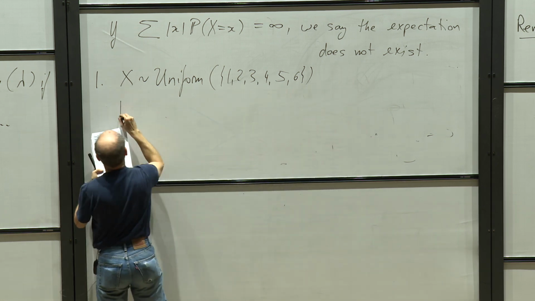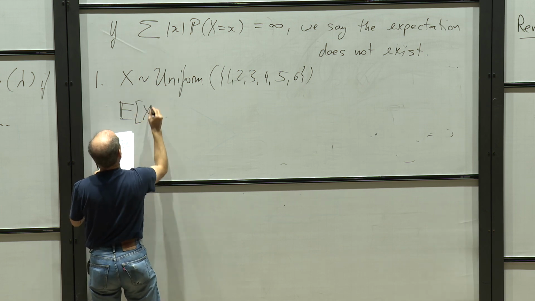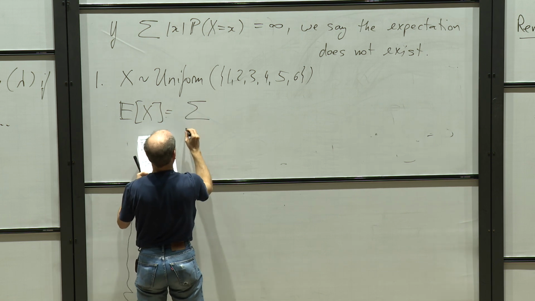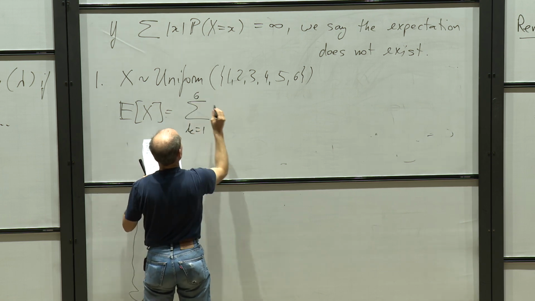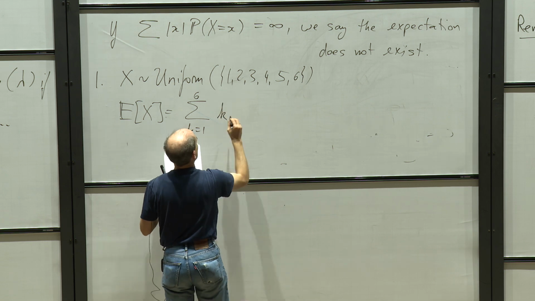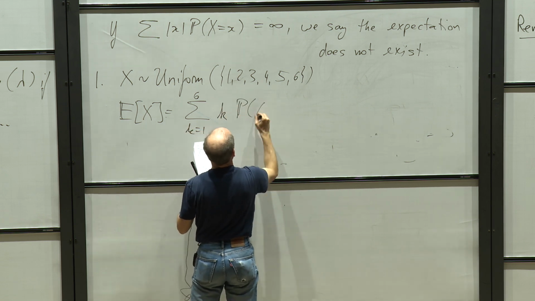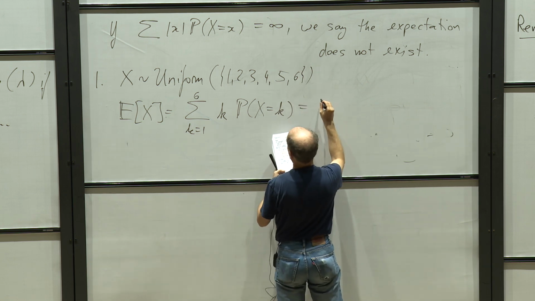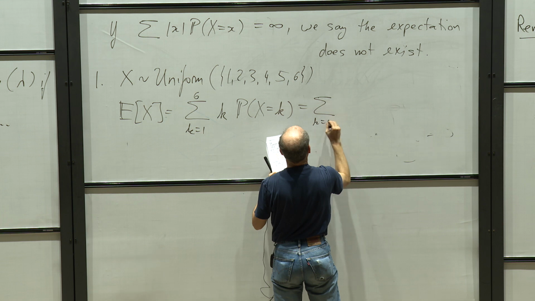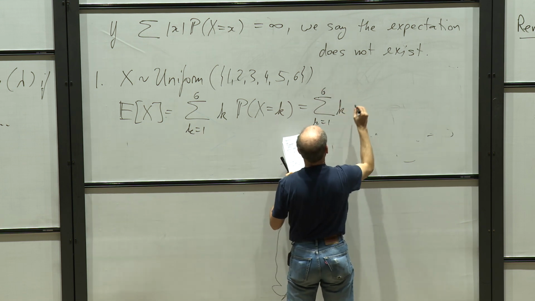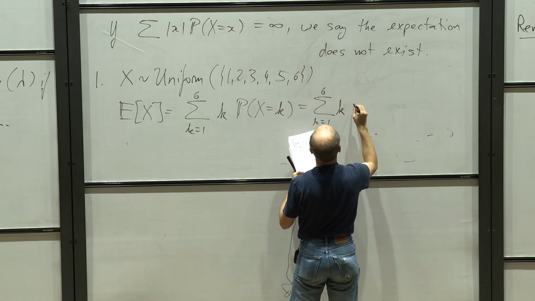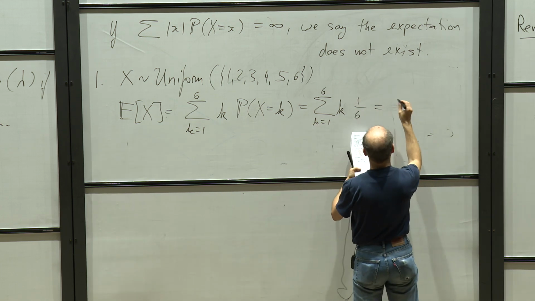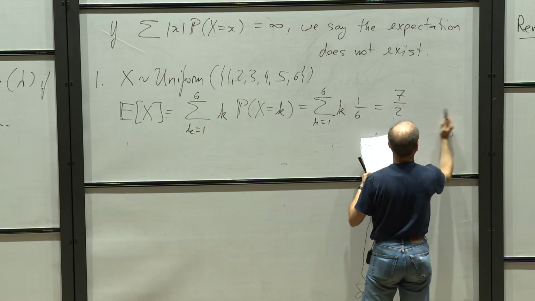Then the expectation of X that you get is, by definition, the sum k from 1 up to 6 of k into the probability that X is equal to k, which in this case is the sum k from 1 up to 6 of k into 1/6. And, well, you can do that sum, and you find 7/2.